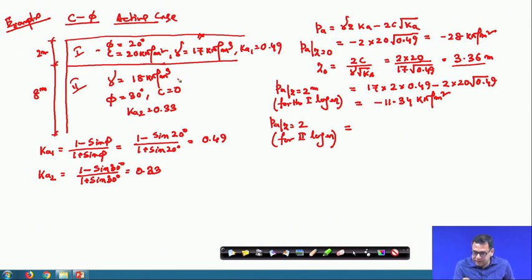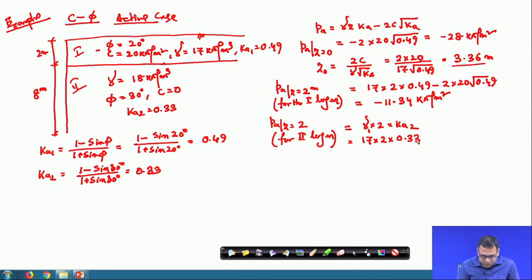So, the first layer stress will act as a surcharge, and the first layer stress is gamma 1 into 2 meter, and that will be multiplied by KA2, and this is the surcharge coming from the first layer. Okay. So, the gamma value is 17 into 2 into KA2 is 0.33.